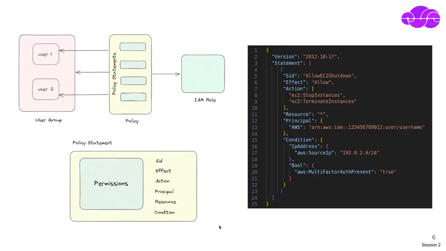This is an overview of what a policy looks like, because a policy is the basic building block of all permissions within AWS IAM, right? So you have users who are part of user groups. Users can exist outside of user groups as well, but it's highly recommended that users remain within groups, because it's easier to assign permissions to groups and then remove the permissions on the group itself.